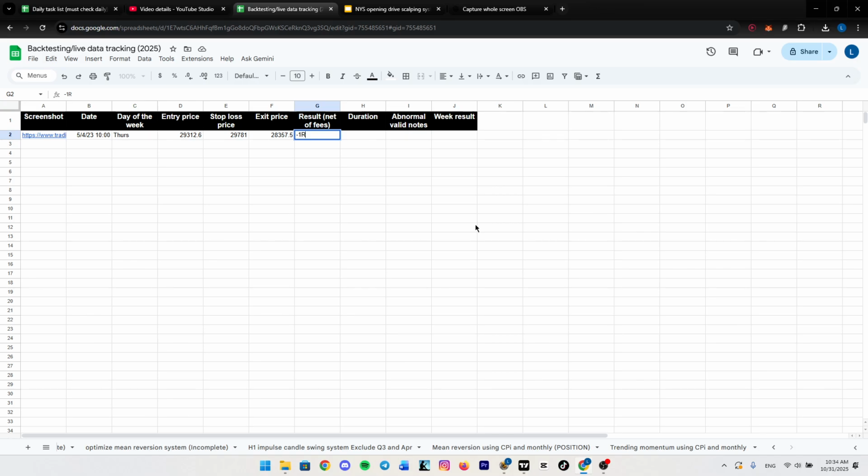So for risk management, the foundation for that is to make sure that on each trade you must have a fixed risk. The risk has to be 1% of your whole net worth or your whole portfolio.